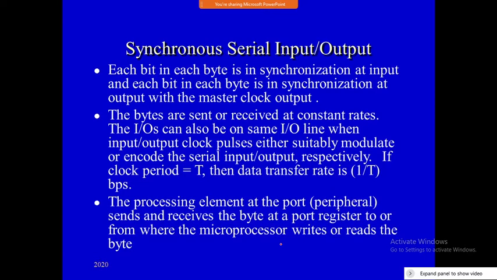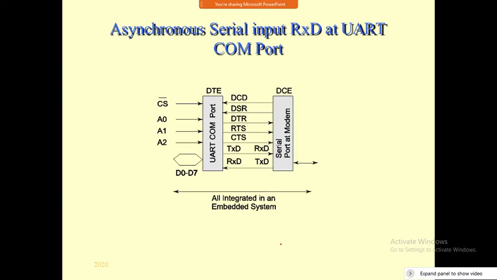If the clock period is T, then the data transfer rate will be 1 by T bps. The processing element at the port sends and receives the bytes at a port register to or from where the microprocessor writes or reads the bytes. These things are similar to the input and output.